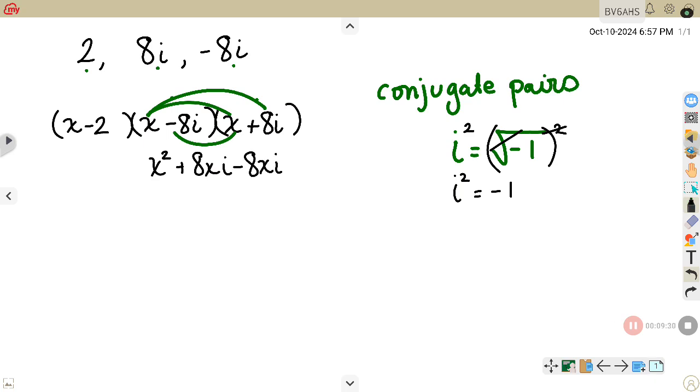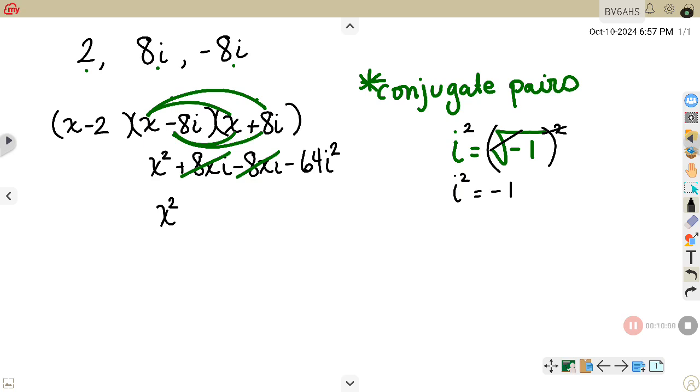And then my last, I've got negative 8i times positive 8i, which gives me negative 64i squared. So here is why you want to multiply conjugate pairs together first. The middle two terms will always cancel each other out because they're the positive and the negative of the same thing. So I am left with the x squared here.